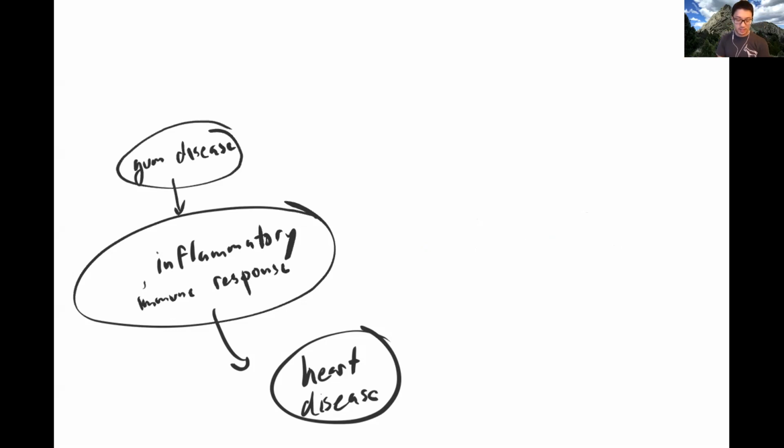So gum disease can lead to inflammatory immune response, and gum disease is a direct function of frequency of brushing teeth.